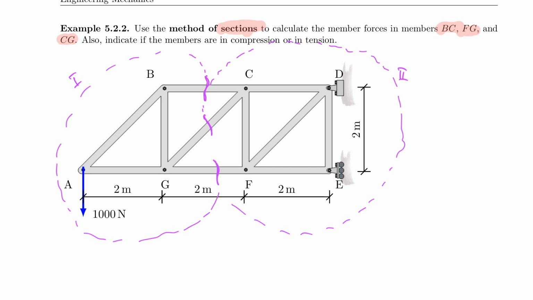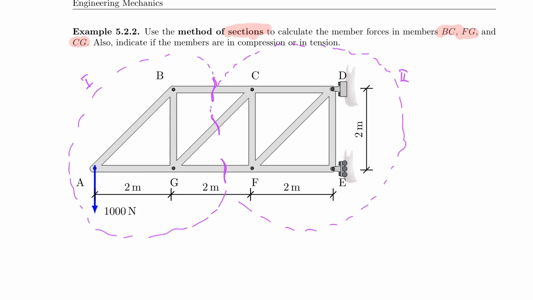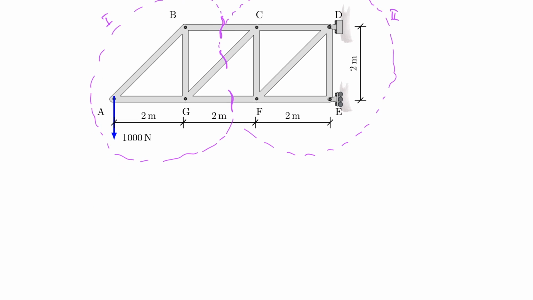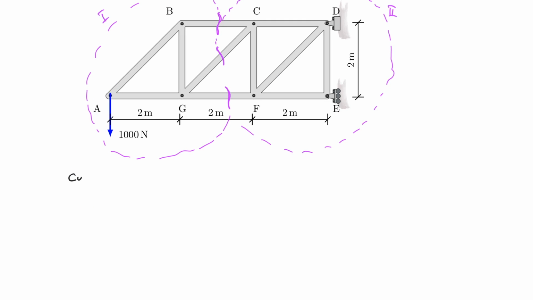So the first thing I do is draw my free body diagram for my cut 1. So let's do that. Cut 1, and draw the cut so that I can use it as a free body diagram for my identification of the relevant points and such.